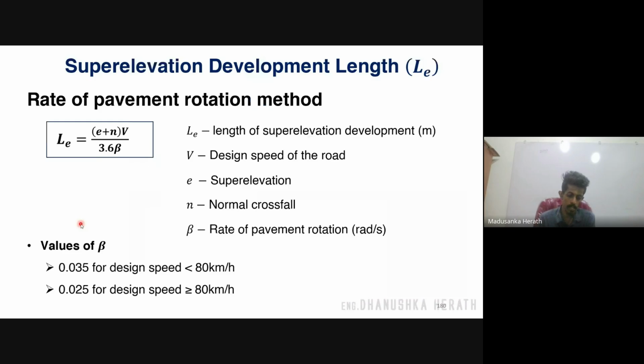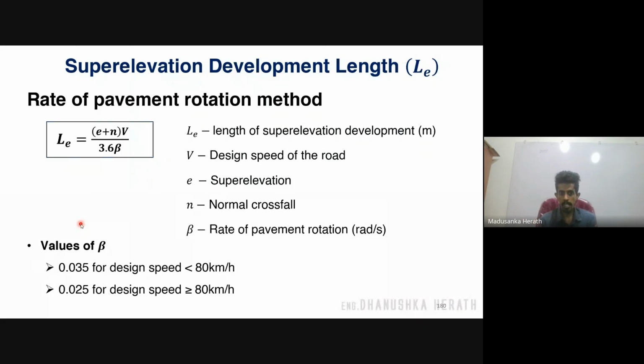Then the second equation, the rate of pavement rotation method. In the rate of pavement rotation method, we are using a beta value. So here LE is E plus N times V divided by 3.6 beta.